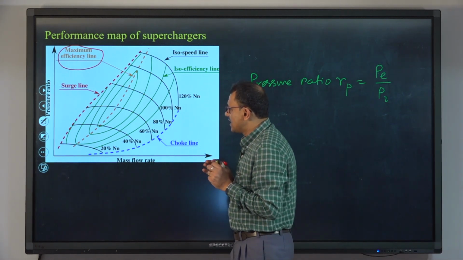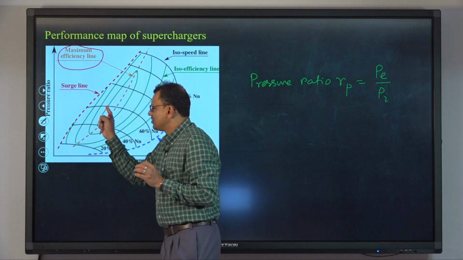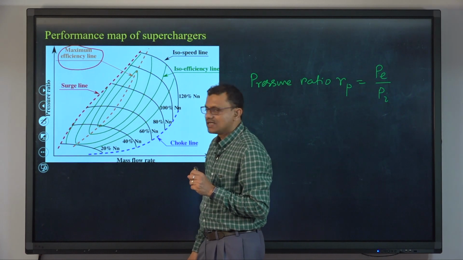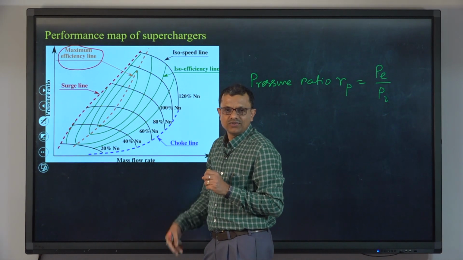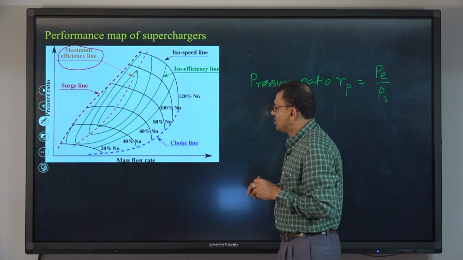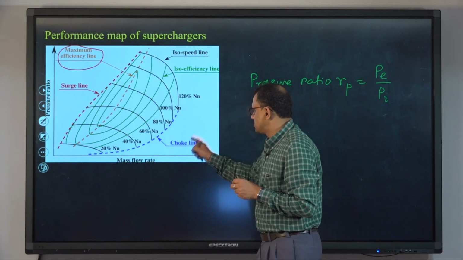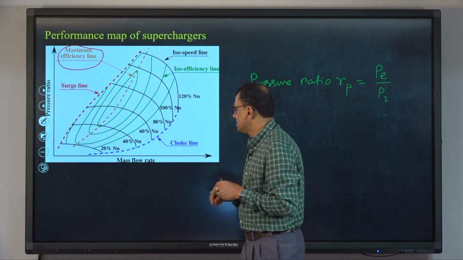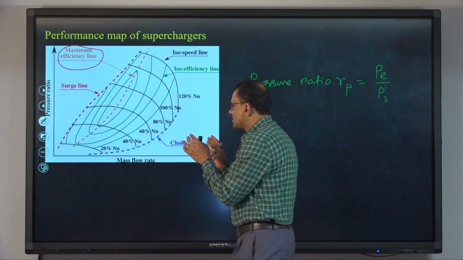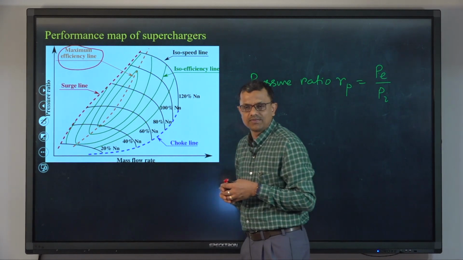Most importantly, we can see there is a particular boundary, a line denoted by a dotted red colored line, which is known as the surge line. We shall discuss this particular line in this context. Also, we can see the choke line, which is shown here using a blue colored dotted line. These two lines are very important to know before we go to solve a particular numerical problem.